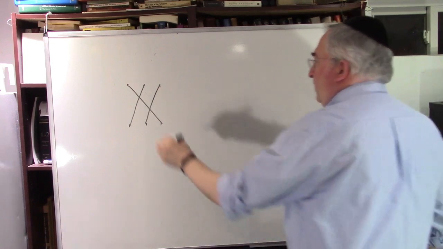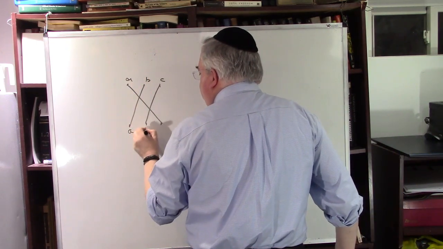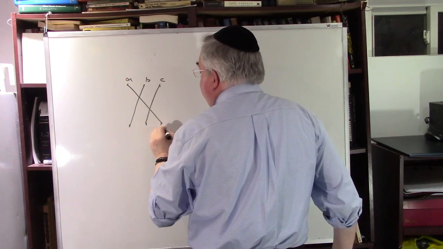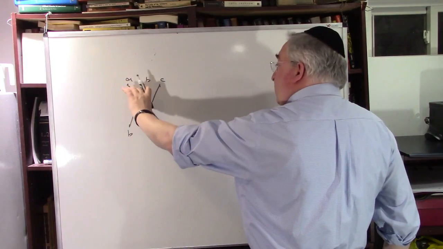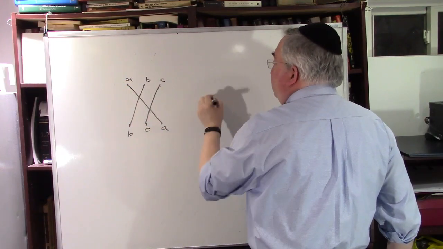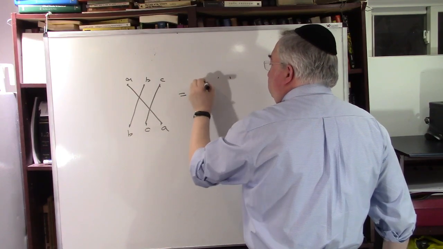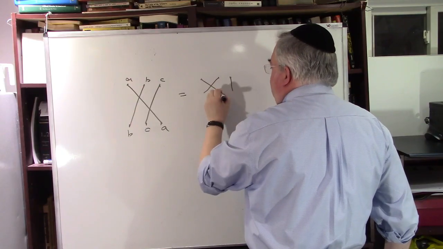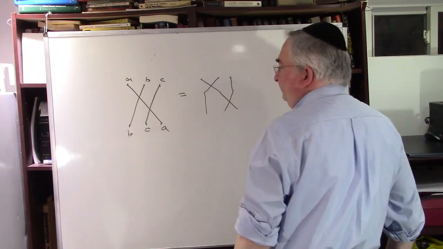Let's write this as A, C, B. Crossing A across these two things is the same thing as crossing this with this, and the identity, and then crossing this with this, and the identity.